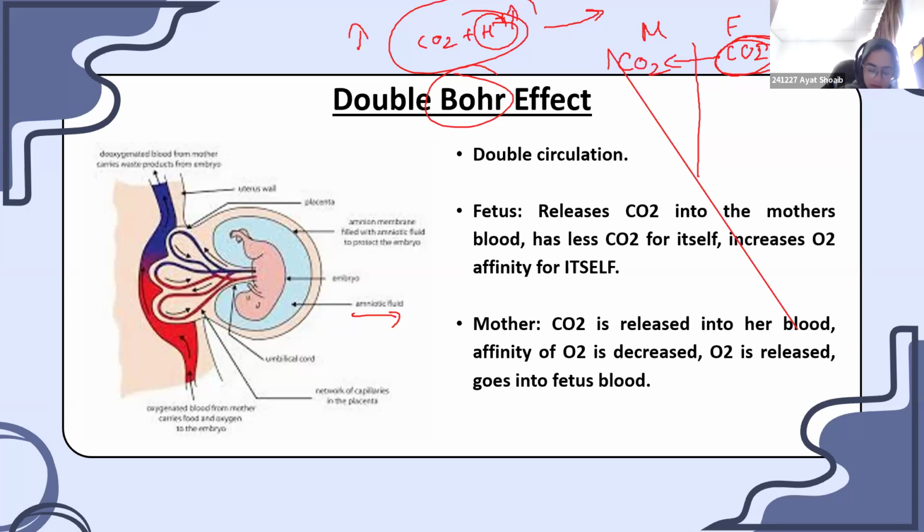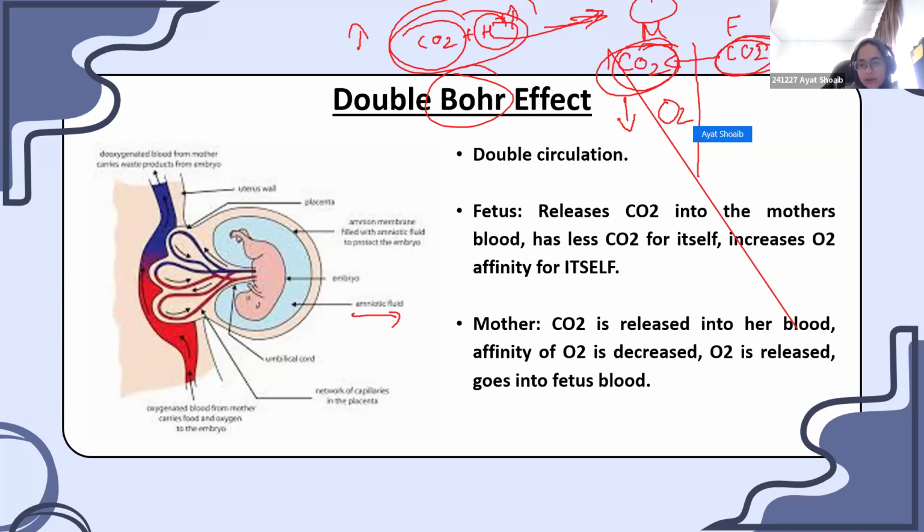Now, as I said, if you have increased carbon dioxide, eventually you're going to have the whole conformation thing, and your oxygen cannot bind. You have low affinity for oxygen. So this carbon dioxide increases, and this reduces the affinity for O2.